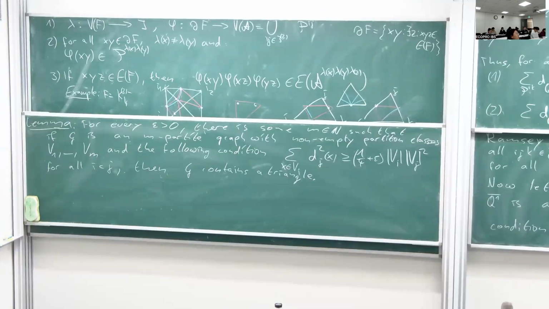Then, by definition of this blue graph, this blue edge here means that down here we also have our partition class M1 minus 1, M1, and we see some edge like this.